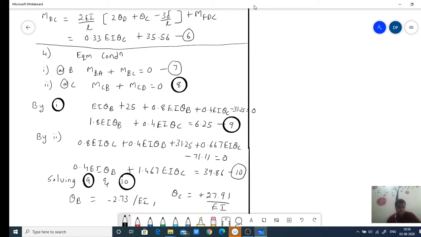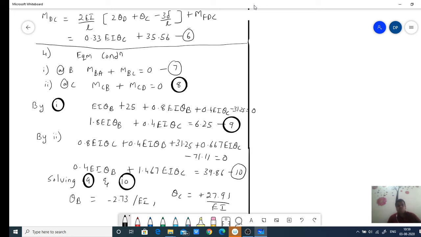These are the two values which are important. Now once you have got these values, you can easily substitute these values in order to find the above values.